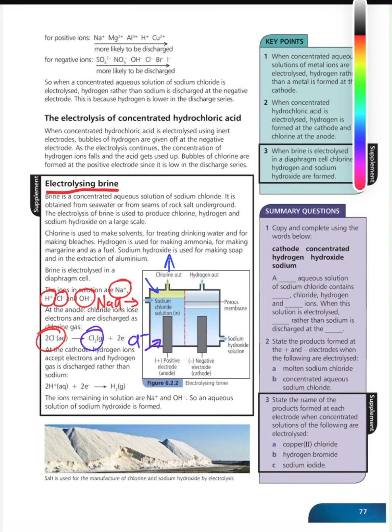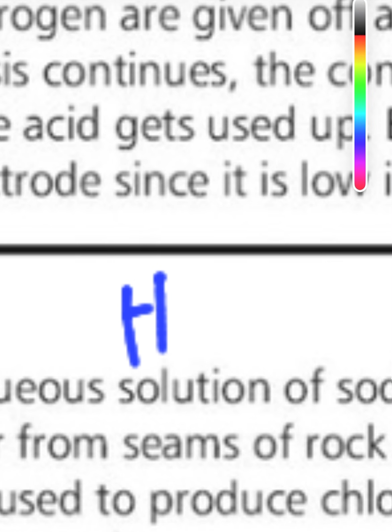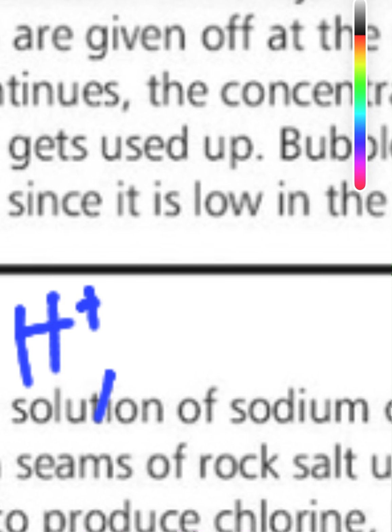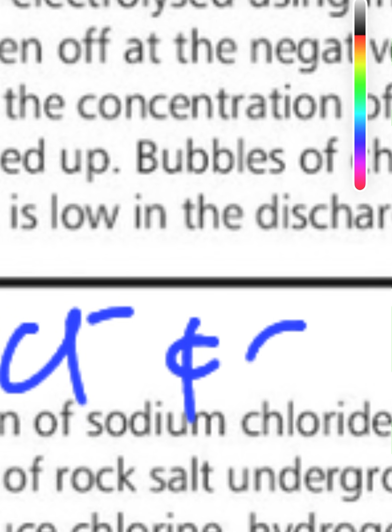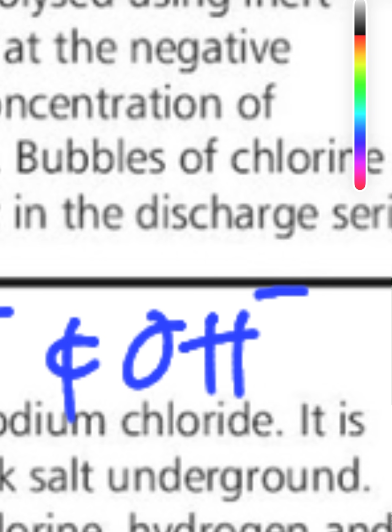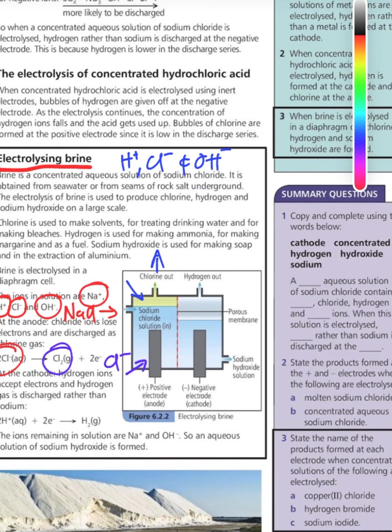Now the 3 ions that we now have in the solution are the H plus, the Na plus, and the OH minus ions.